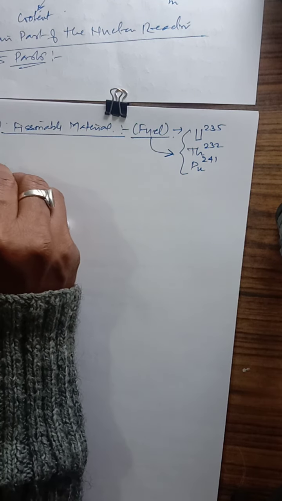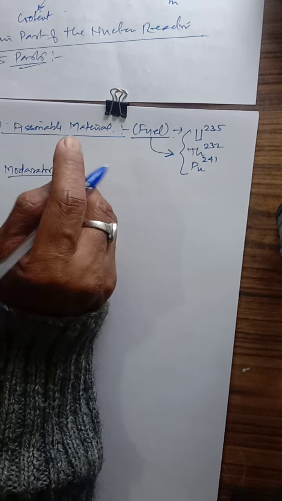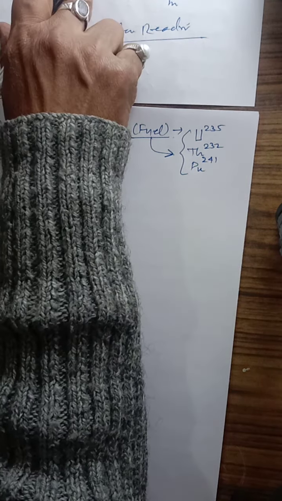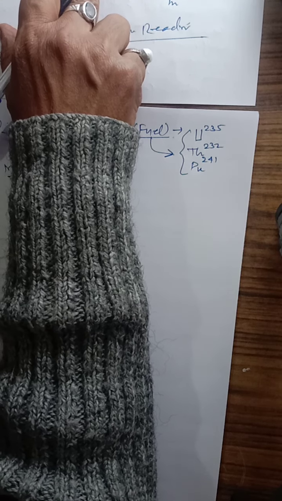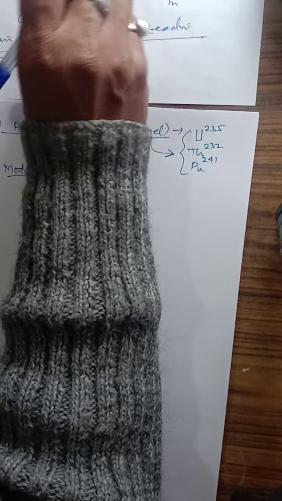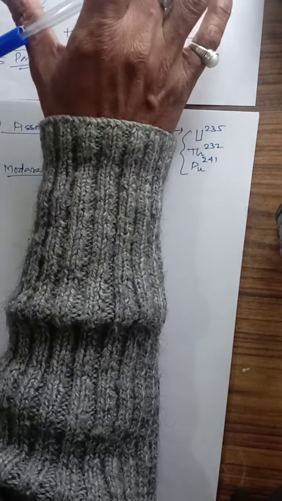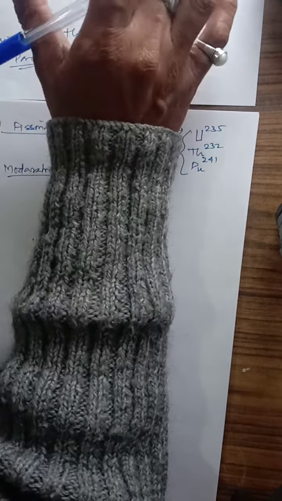The second is the moderator. What are the moderators? The moderator is used to slow down the fast moving neutrons, that is, to slow down the speed of the neutrons.